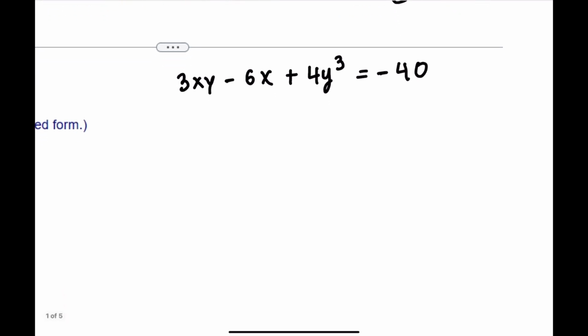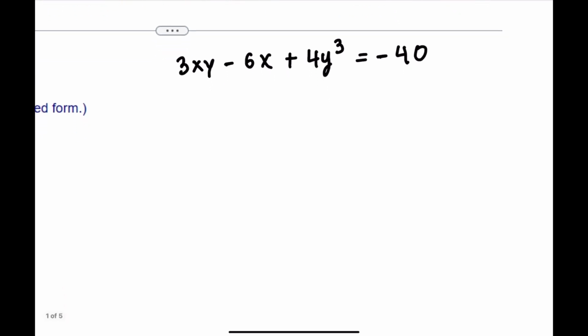Now I'm differentiating with respect to t. Keep in mind this is one term and this is another. So I'm going to be using my product rule. And how does that work? I'm going to write down my first function. Differentiation of y is 1, but I'm differentiating y with respect to t, so dy by dt, plus I'm going to write down my second function. Differentiation of 3x is 3, but I'm differentiating with respect to t, so dx by dt.